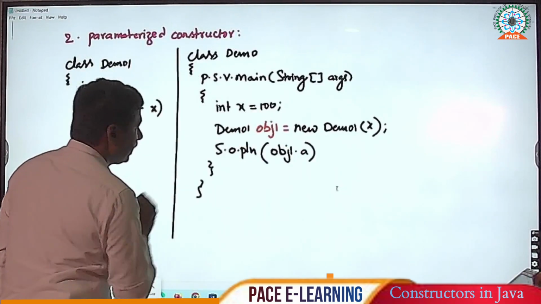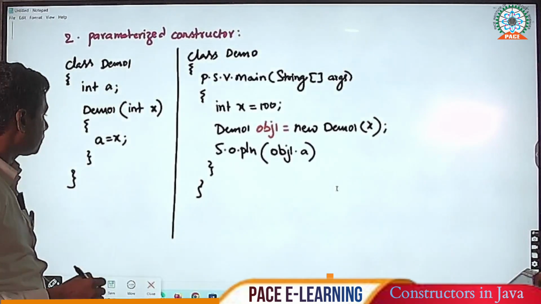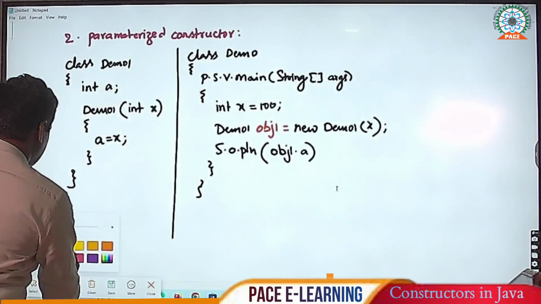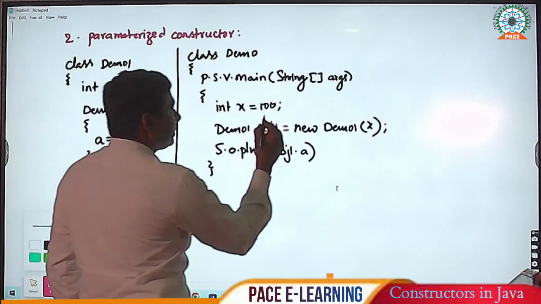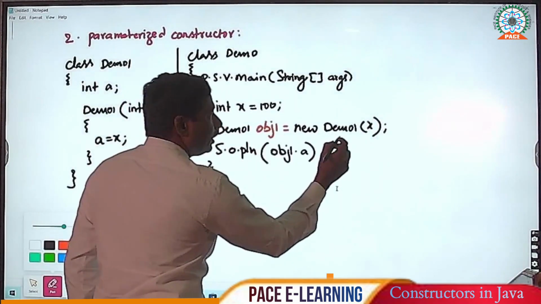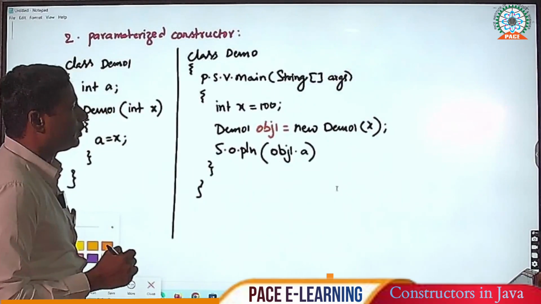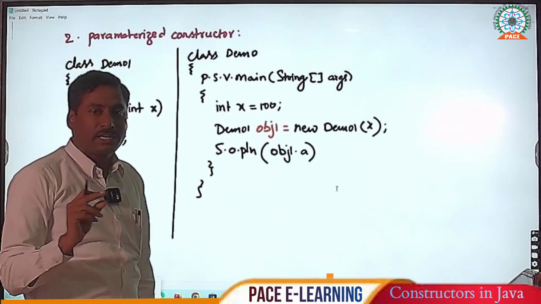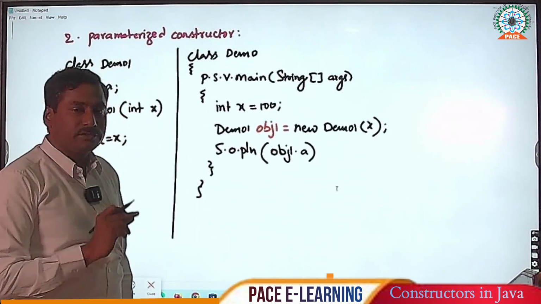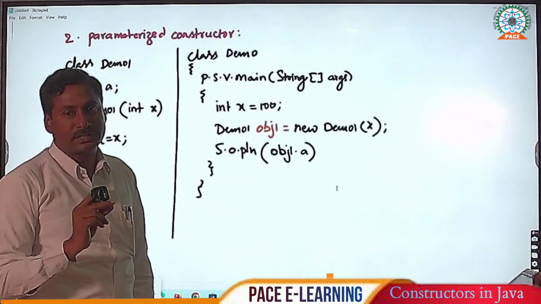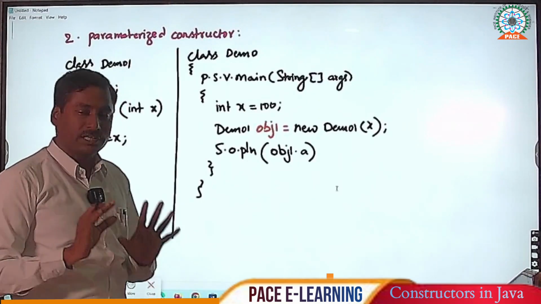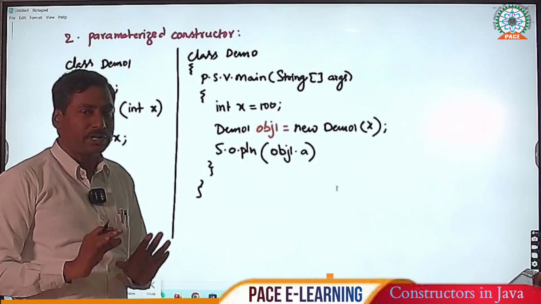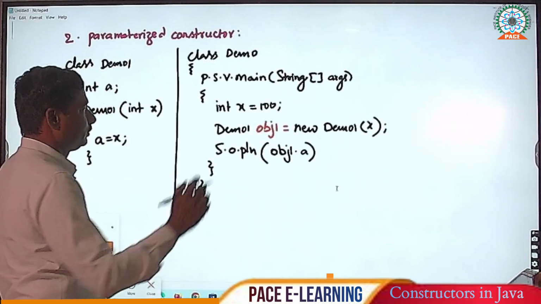Okay, let me explain what is happening in this code. Observe this. Whenever you are creating this object, automatically the constructor will be called. Please don't forget the points I covered as part of the properties of a constructor. It was clearly mentioned that there is no need to call the constructor externally; the constructor will be called automatically at the time of creating an object.